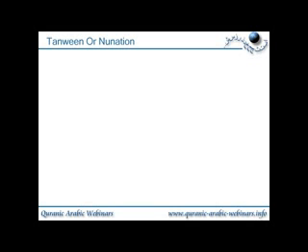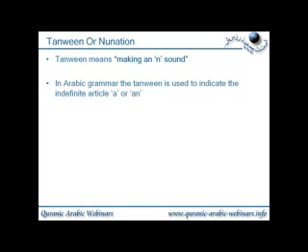Tanween or Nunation. Tanween literally means making an N sound. In Arabic grammar, the Tanween is used to indicate the indefinite article a or an. So if you learn Arabic grammar, you will see that when you use this Tanween, it's indicating you're talking about an indefinite noun.